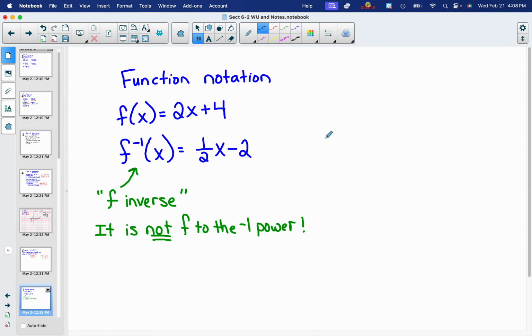So when you see f and then you see that -1, you don't want to think of it as f to the -1 power. You want to read that as f inverse of x. So if f of x is 2x plus 4, we just saw that f inverse of x is equal to 1/2 x minus 2. So those are inverse functions.